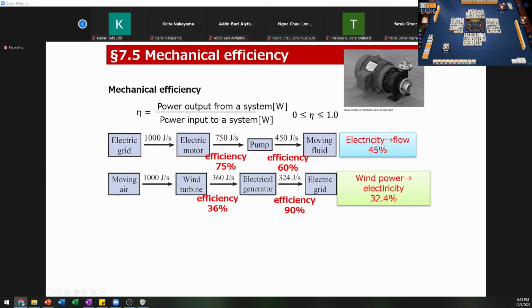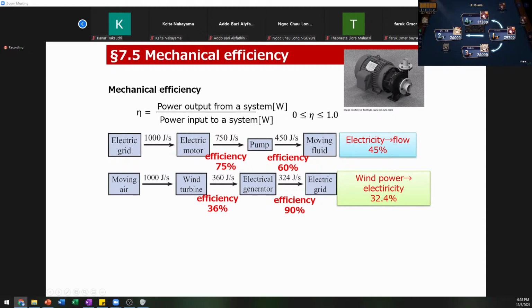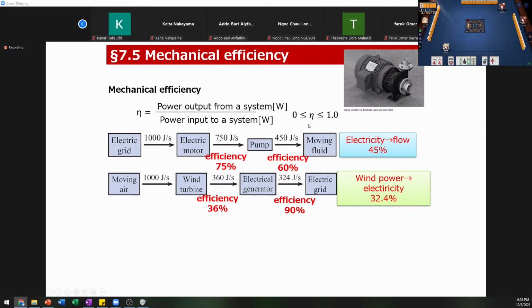So therefore, eta is between 0 and 1. If eta is 1, it's an ideal situation, but there is no such thing. Usually, eta is not very high.